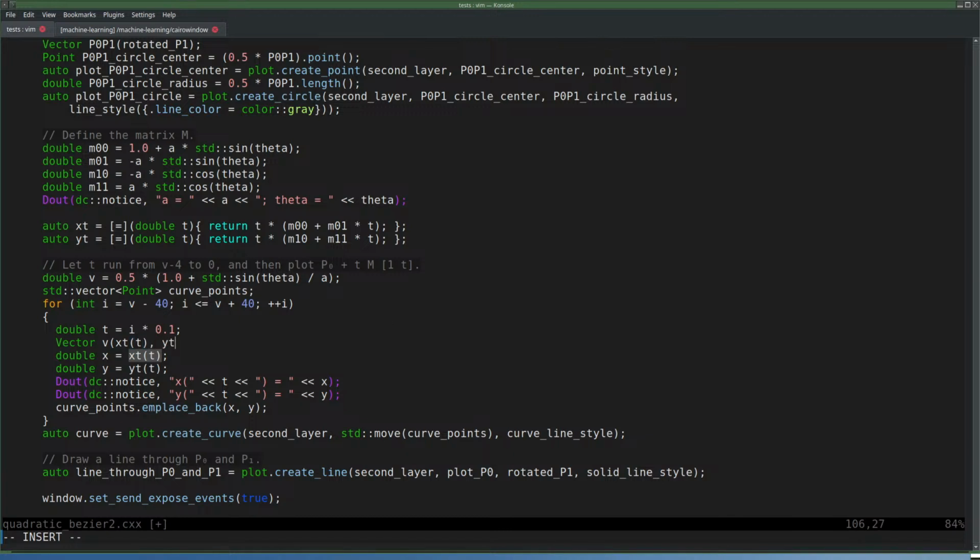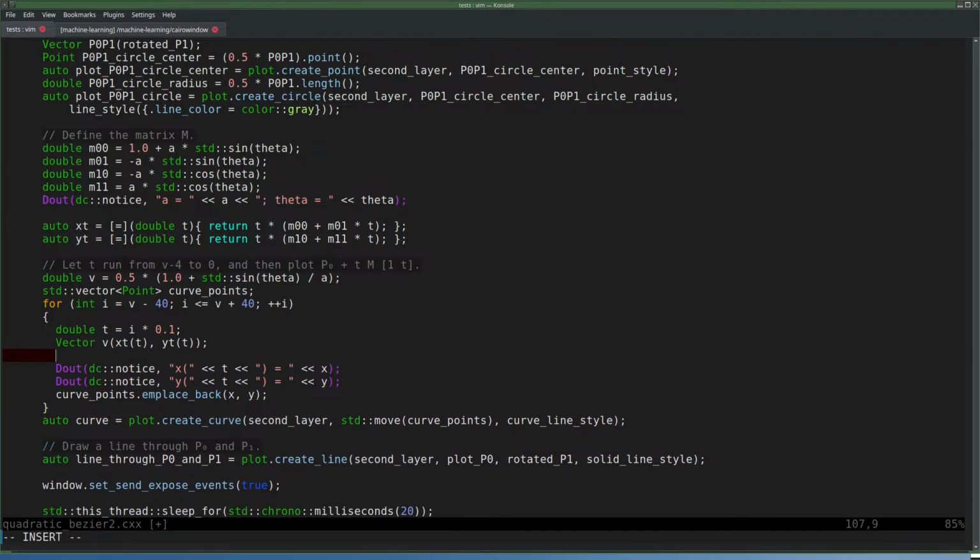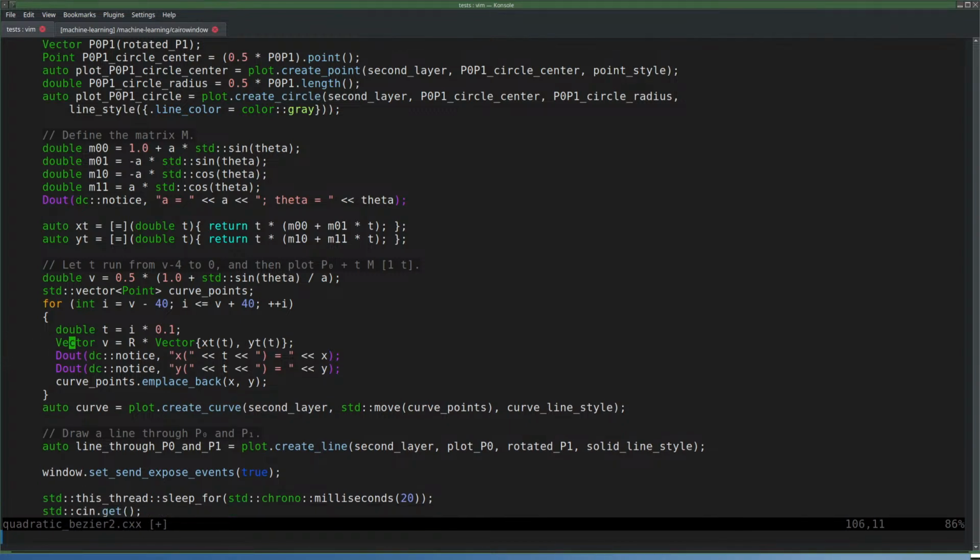I'm proud of myself. T. So. And then we're going to rotate that to another vector maybe. Nah, let's just assign it from R times the vector that we create temporarily there. And I don't want it to look like a function. And now we have V instead of whatever we had before, X and Y.